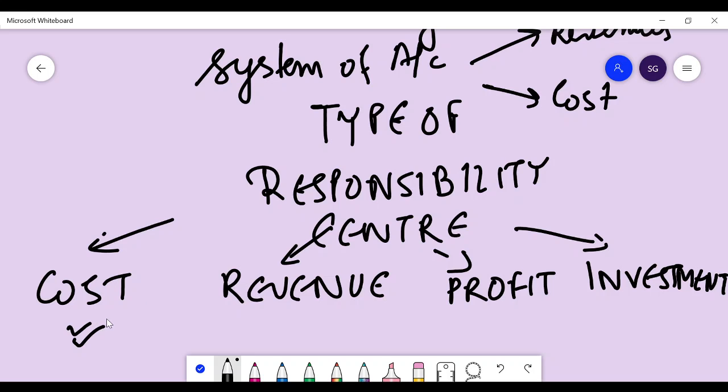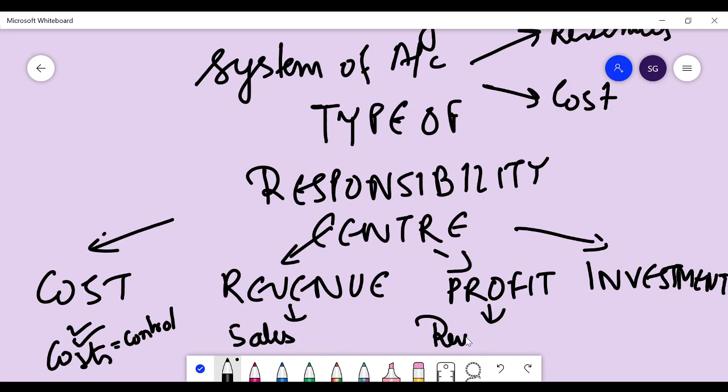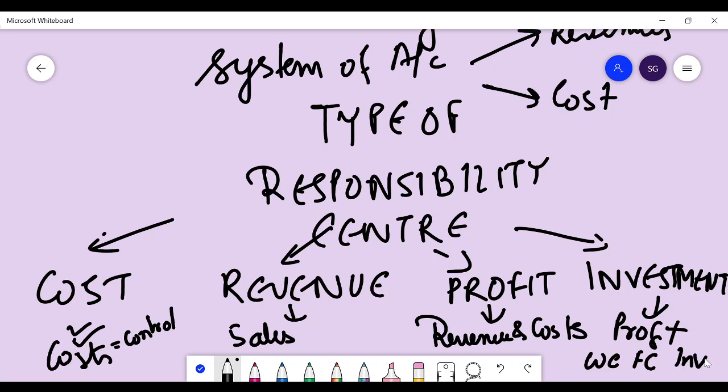In cost, managers are accountable only for the costs that are under their control. In revenue, they are only responsible for sales revenue. In profit, they are responsible both for revenue and costs. And in investment centers, managers are responsible for profit and working capital, fixed capital investment.